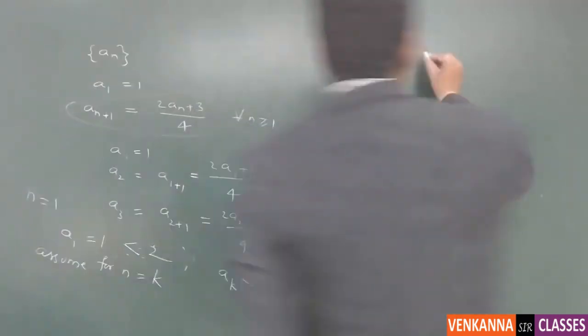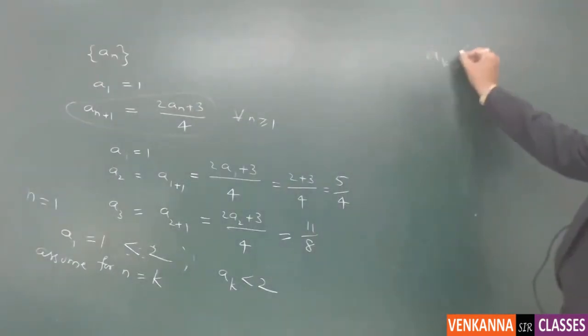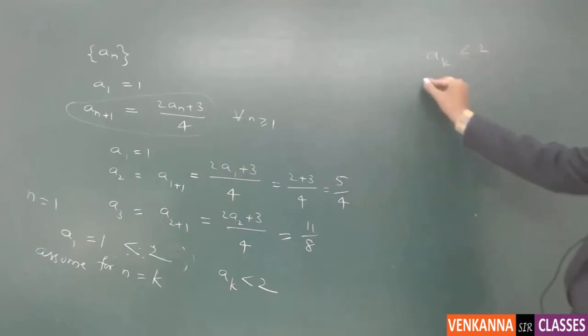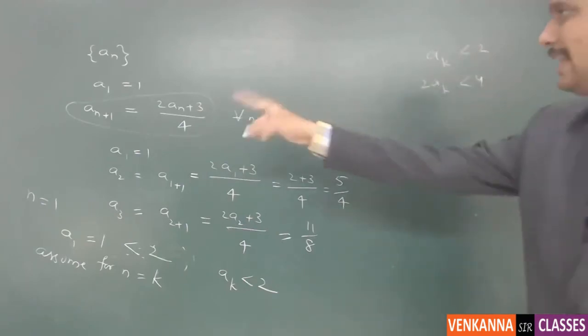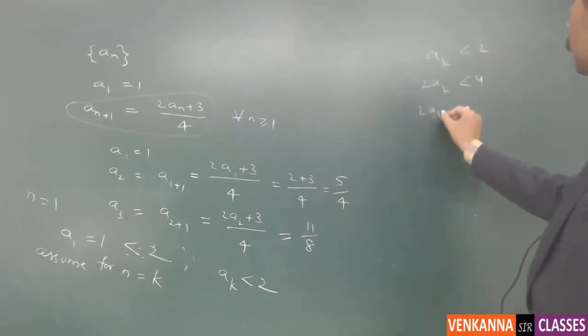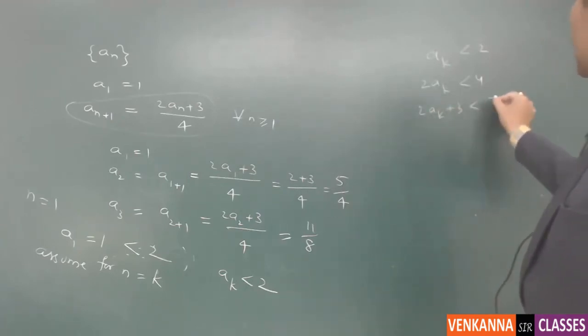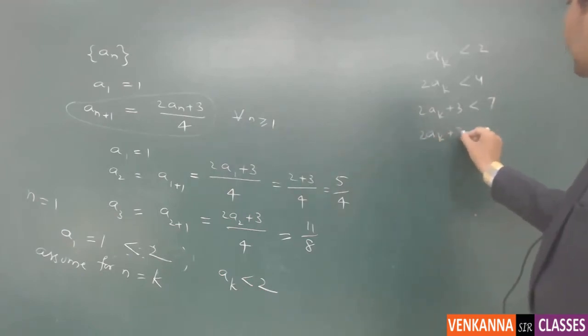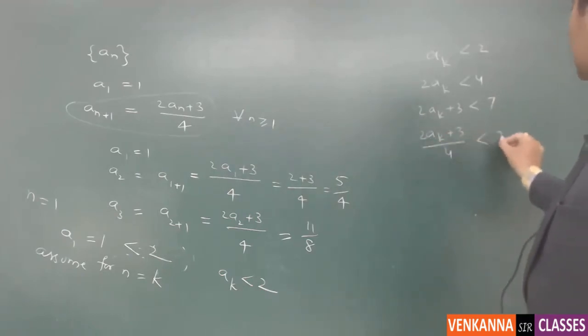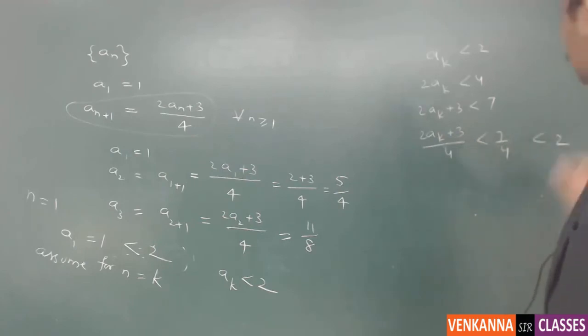Since ak is less than 2, multiplying both sides by 2, 2ak is less than 4, adding 3, 2ak plus 3 is less than 7, dividing by 4, (2ak plus 3) by 4 is less than 7 by 4, and this is less than 2.